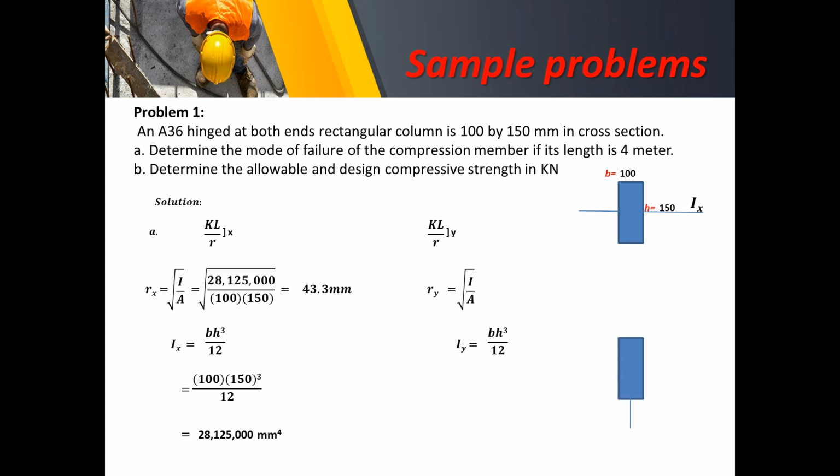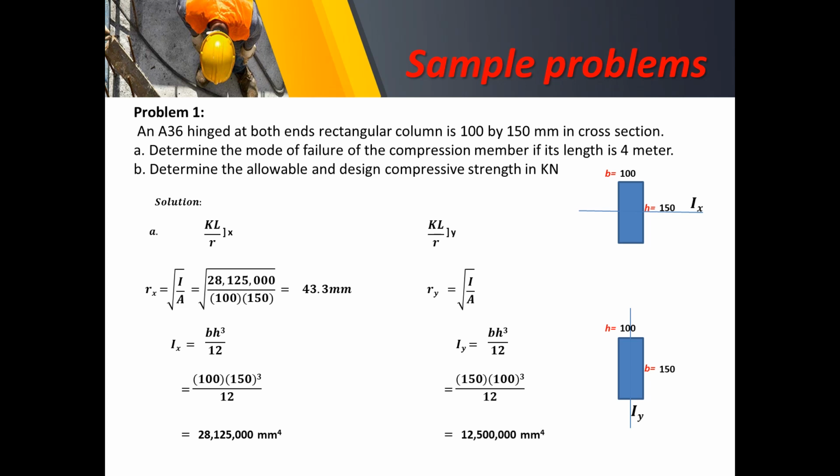So this time, this is the y-axis. Your base will be 150 and our height will be 100. Applying that into our equation, it will just interchange BH compared to the calculation of Ix.